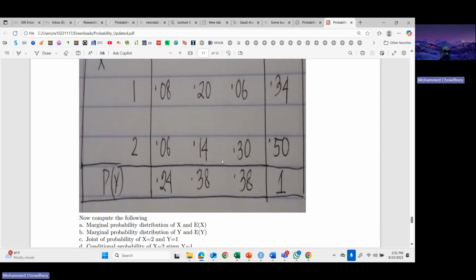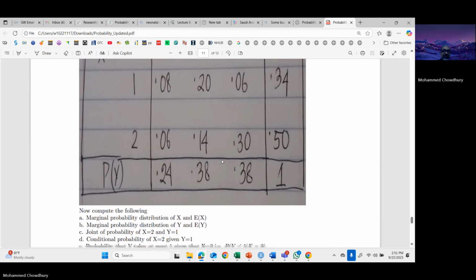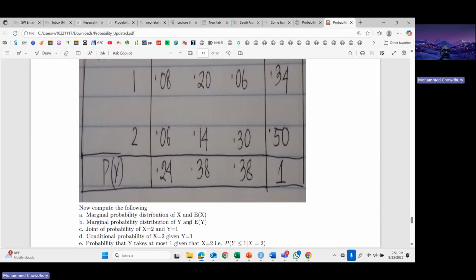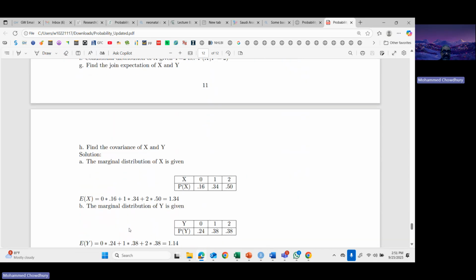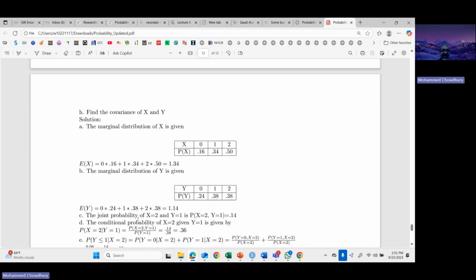Now come to the second problem: the marginal probability distribution of Y and the expected value of Y, which we computed here. This is the marginal distribution of Y, given like this, and then I have computed the expected value of this.